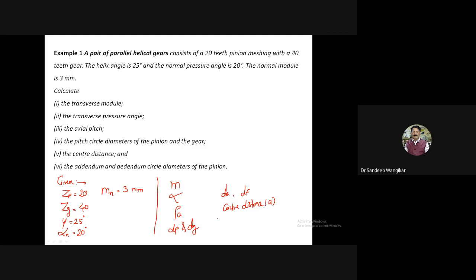Okay, so as per our generalized basic things, I will give you the formulas also. Though it is very simple, it is the first problem, so I will take these one by one. We have m is equal to mn divided by cos of psi, so I can calculate the module.